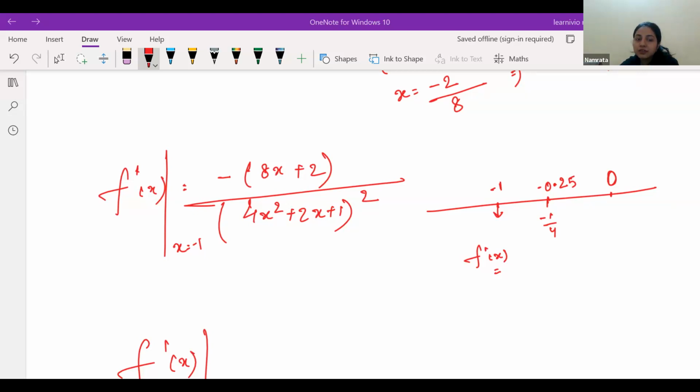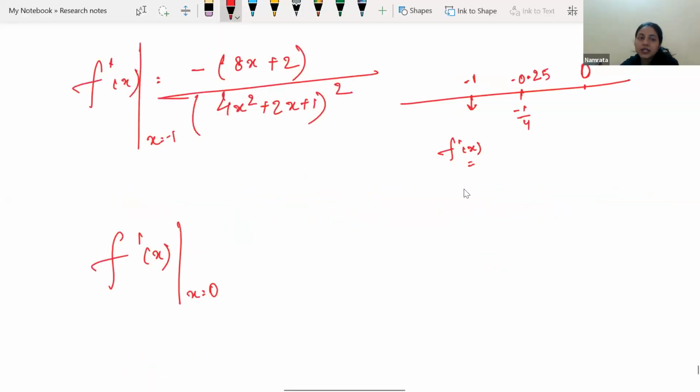What are you getting? Everyone doing it right? We just need to check whether f dash x at x equals minus 1 is positive or negative. Yeah, at minus 1 we are getting positive. And at 0, we get minus 2 by 1 square, so here we are getting negative.